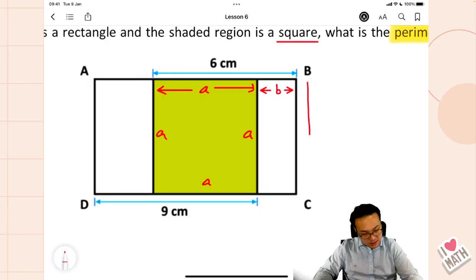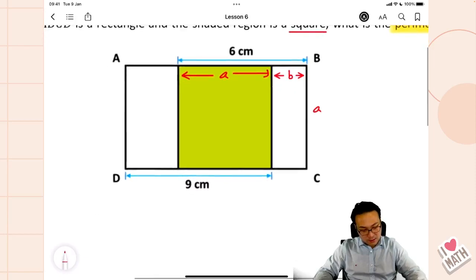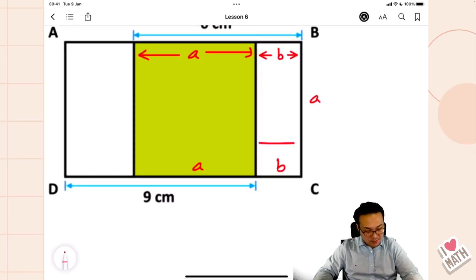And do you notice that the length here is the same height as the square? So I can call it A. Alright, students. So let's just call this A, and obviously we know that this is A, right? What about this? Can I say that this is B? Yeah, of course. Because it is the same length as B. So I can call this B.